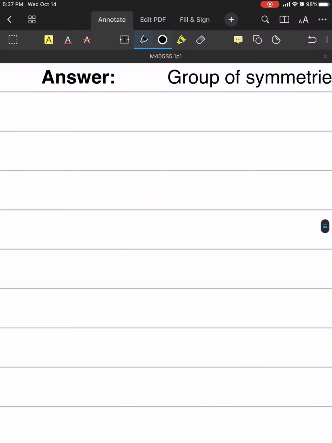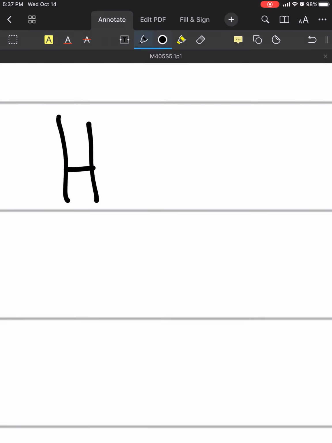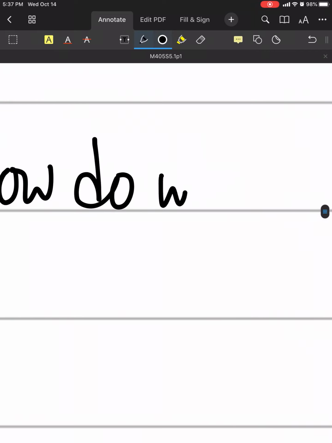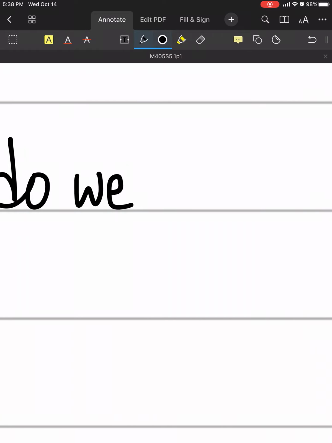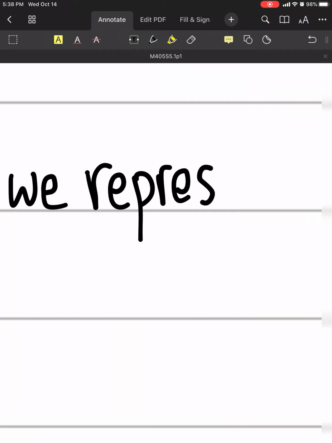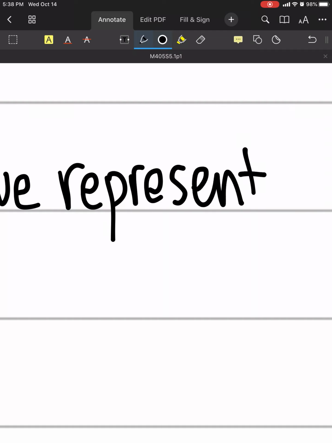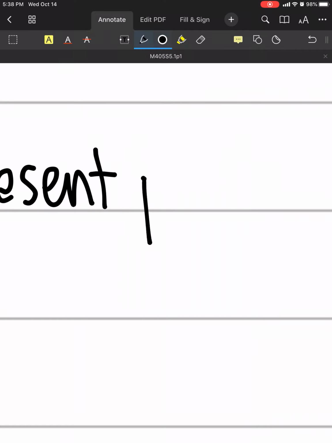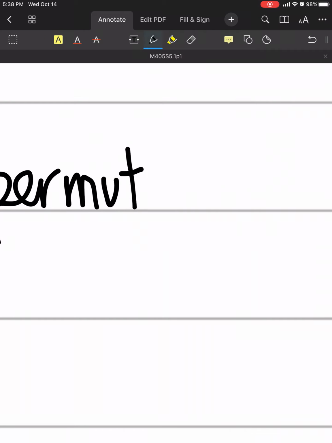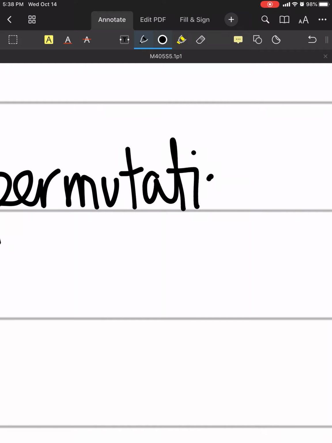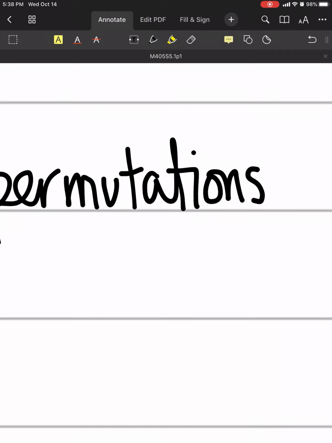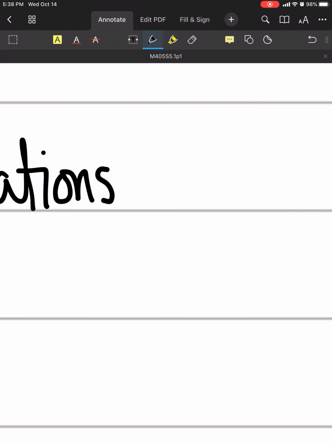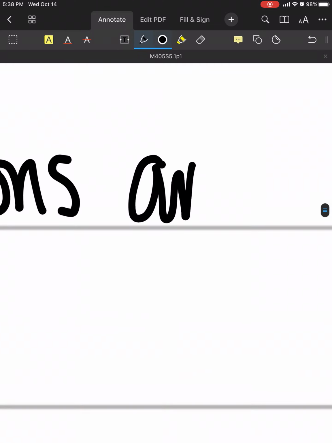Now, how do we represent permutations, and use this representation to compose them?